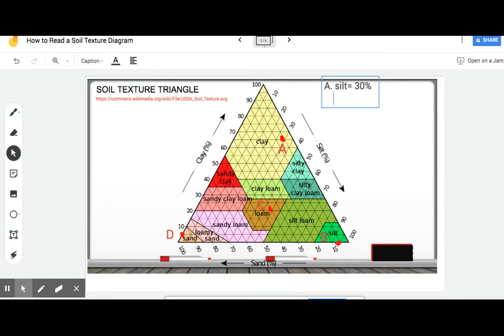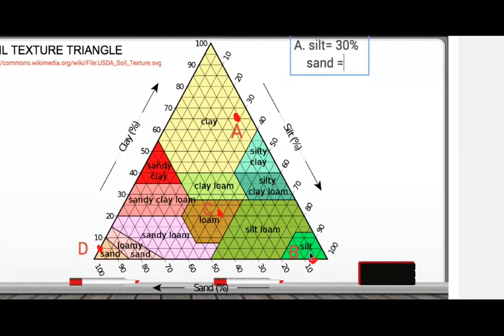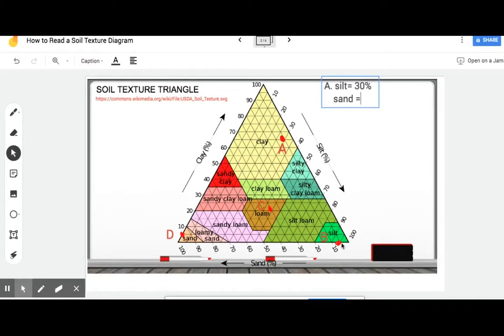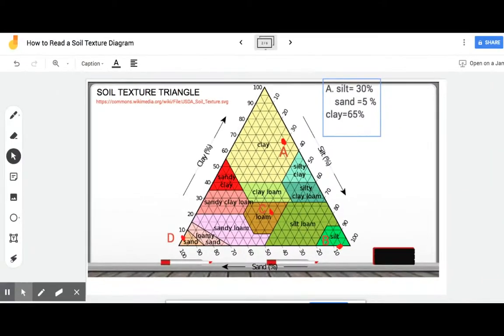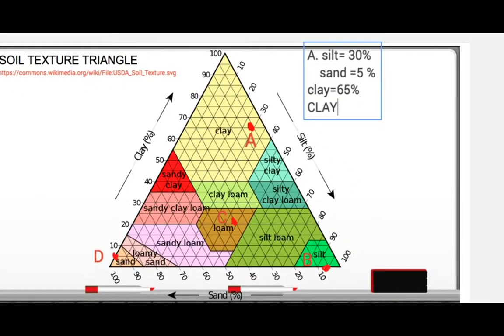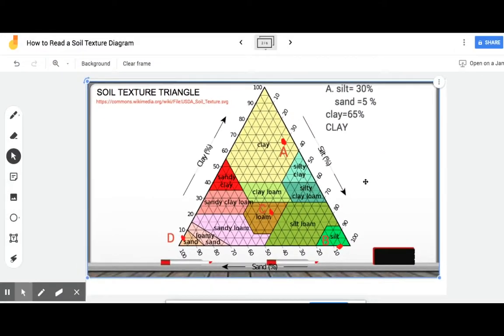And then for sand, we're going to extend this. Okay, sand is 5%. For clay, you have 65%. So therefore, the name of the classification is clay.